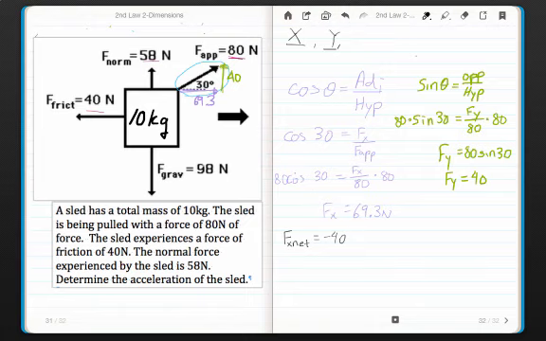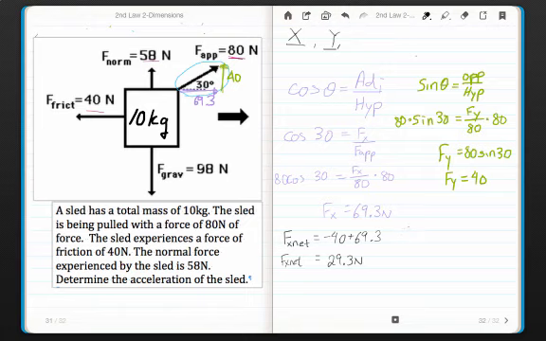We found that the f of x applied was 69.3. And we find that our fx net is equal to 29.3 newtons.